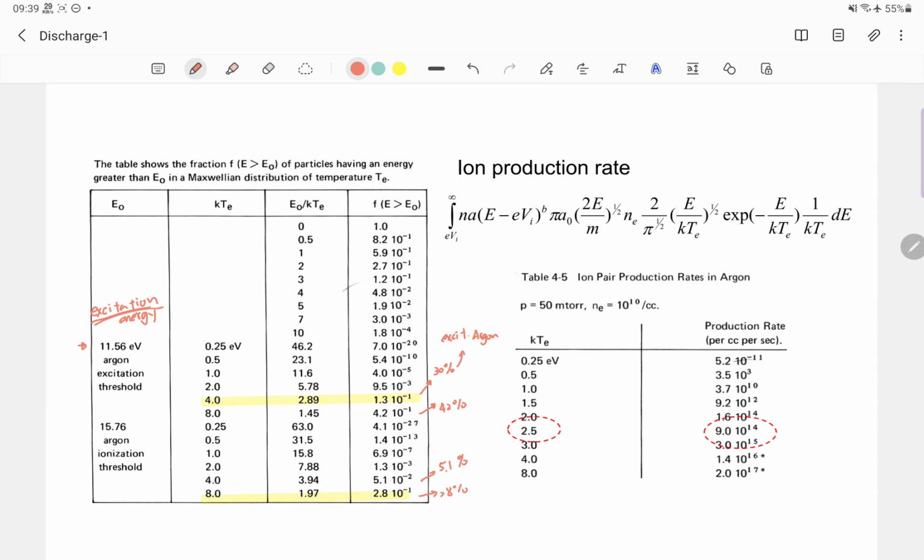And if the average electron energy is 3 electron volt, the ion and electron pair production rate is 3 times 10^15 per cubic centimeter per second.